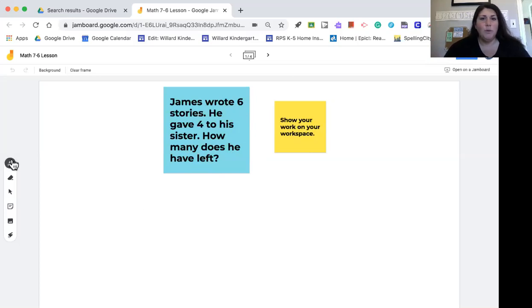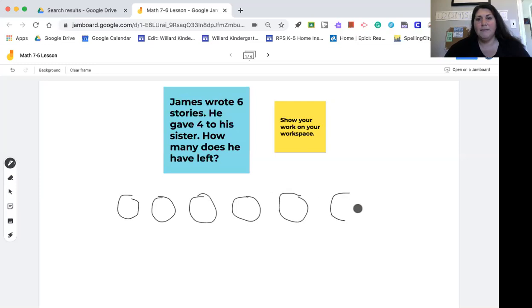So he wrote 6 stories. This is how I might solve it. There are so many ways that you could do this, but I'm going to do it this way. So I'm drawing my 6 circles to show my 6 stories. And then I'm continuing to read the problem.